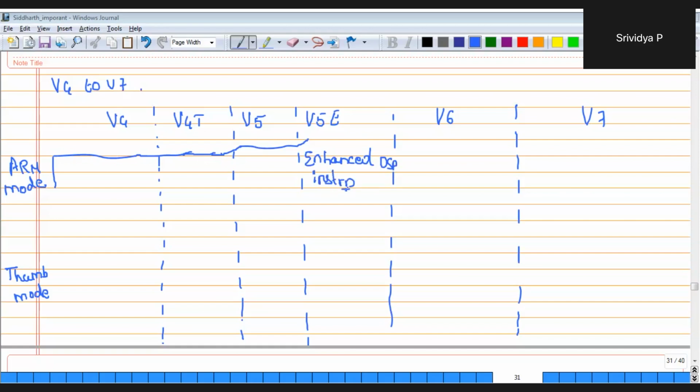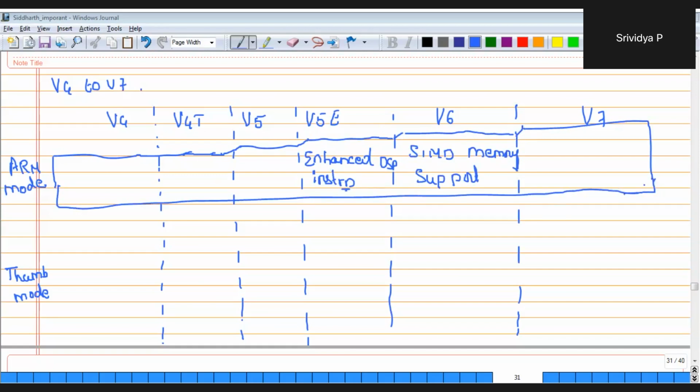That is why it is abbreviated as V5E. Then in version 6, SIMD memory support was added. SIMD stands for single instruction multiple data.